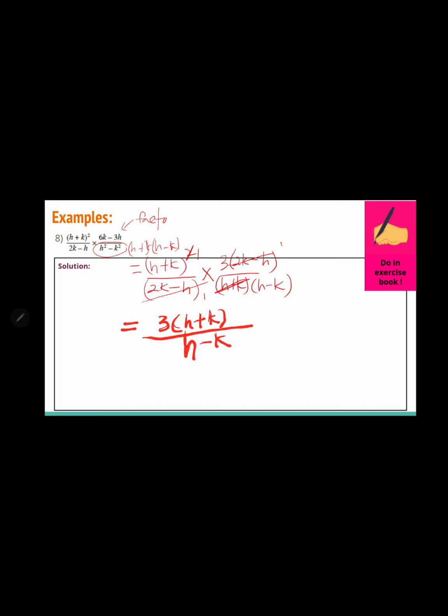Just let me know, don't be scared. I will try my best to help you. These are the basics. If you cannot do the basics, then you will have big problems later on. So we see the next example. If you cannot, you just pause the video.